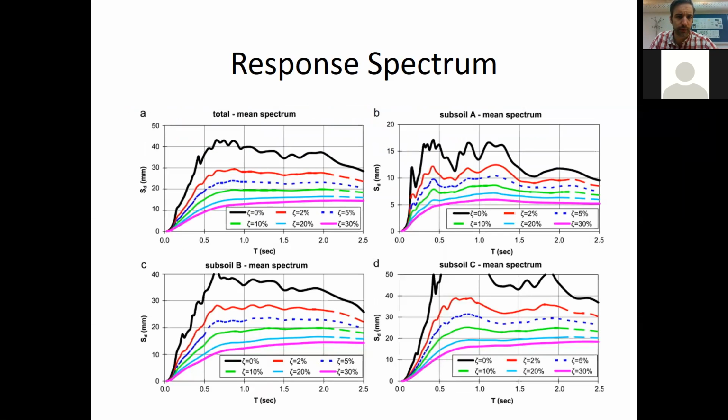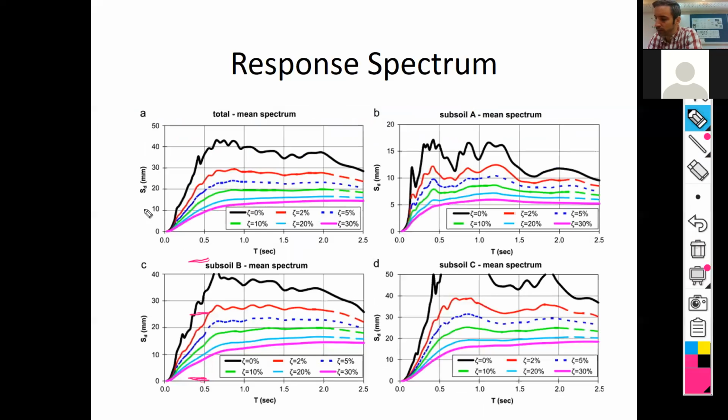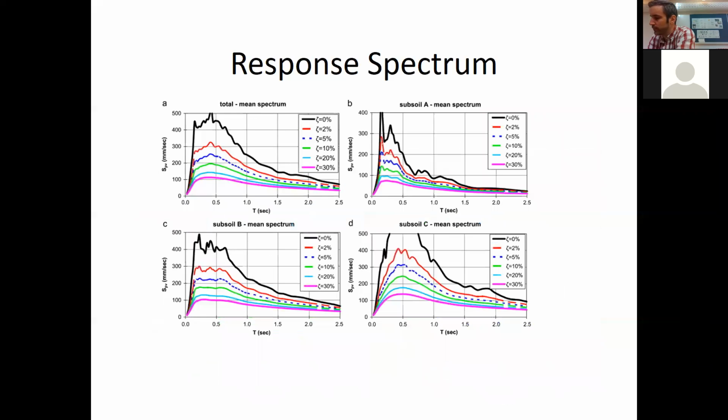Here are examples of real spectrums that have been measured in real earthquakes, right? You have the maximum displacement in millimeters on the y-axis, and then the period of vibration. And of course, there is no reason why we should limit ourselves to the maximum displacement. Here is an example of a spectrum with the maximum speed.